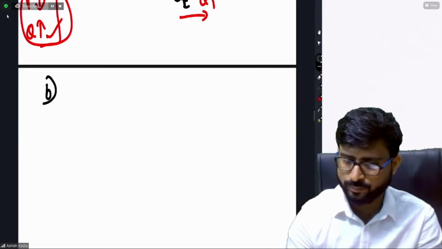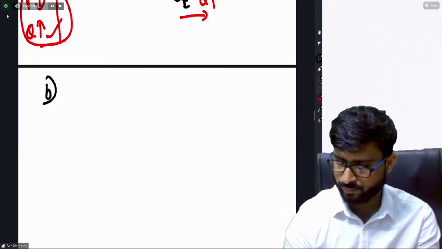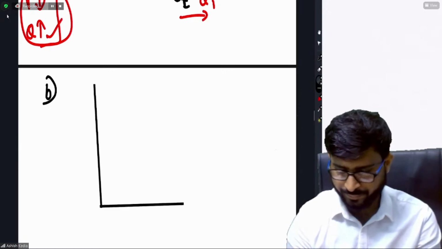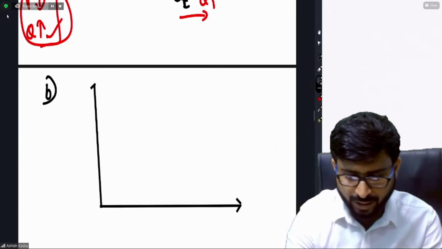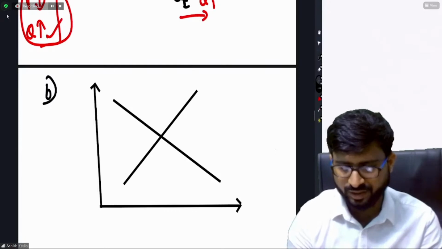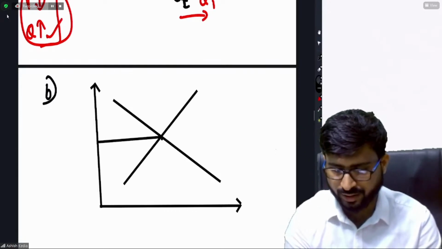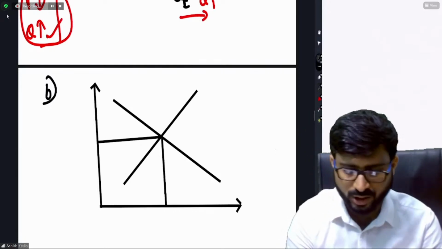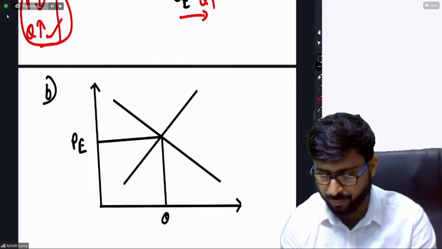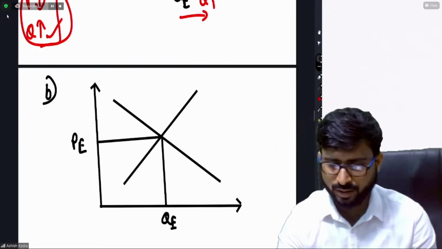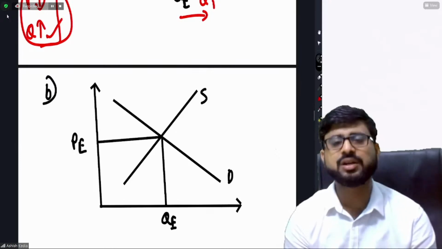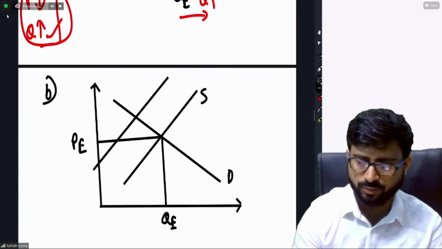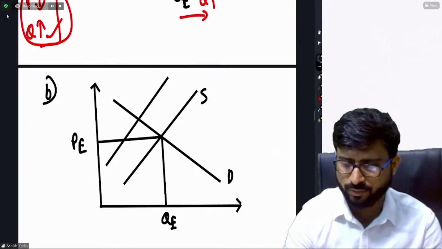So now see, this is the demand curve, everyone. This is the supply curve. Original intersection taking place here. So this is the equilibrium price and this is the equilibrium quantity. This is the supply, this is the demand. Now there is decrease in supply, meaning there is leftward shift. So here it is leftward shift.